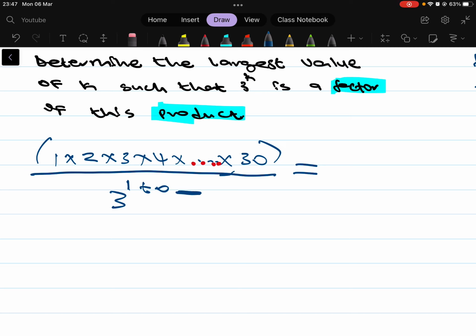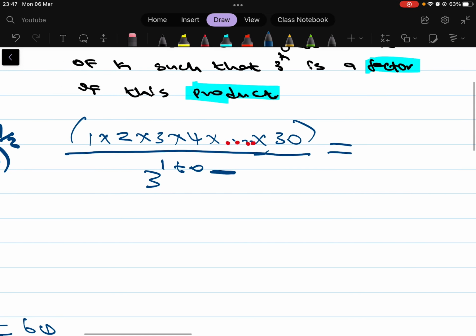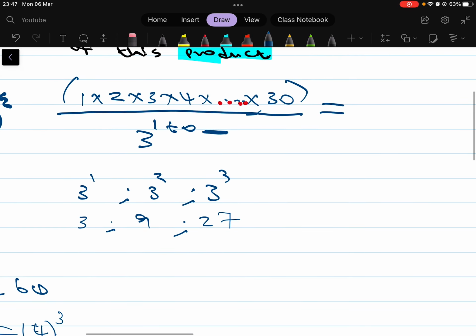To determine that limit, you must realize that 3 exponent 1, 3 exponent 2, 3 exponent 3 are basically 3, 9 and 27. These are some multiples of 3.